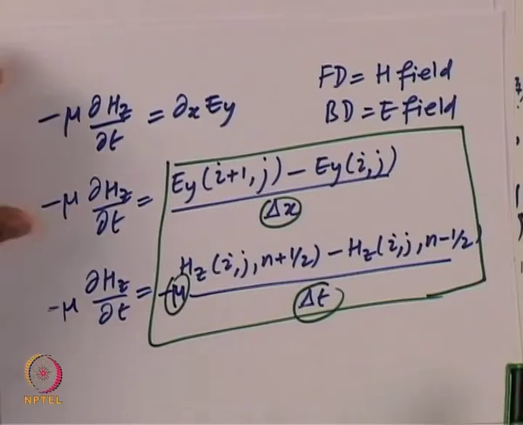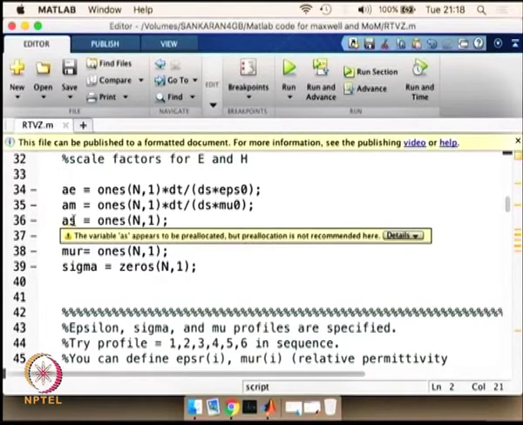So if we expand this one little bit, what we will get is the update equation for Hz at n plus half. So let us write it down.